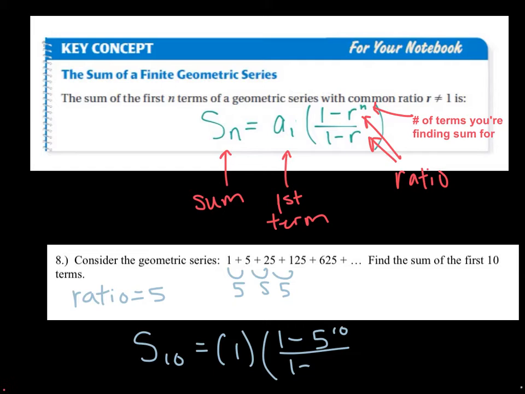Again, this is right off the formula, which you do not have to memorize. We can just plug it into the calculator, and you get 2,441,406.